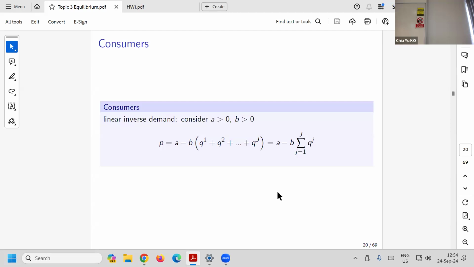And the question you ask is, why do you start with this one? Is there any utility function that follows this one? Because you learned in topic 1 we said we shouldn't start with the demand, we should start with a utility function. The question would be, is there a utility function behind this? The answer is yes.